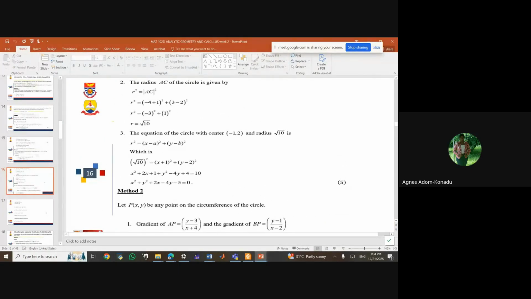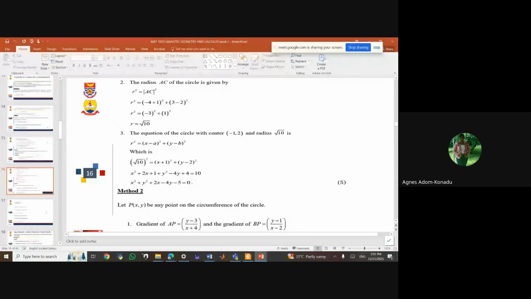Then after that, you have to find the radius. So either AC or CB or AB divided by 2, I mean the distance divided by 2. If you choose AC, that will be the square root of (-4 plus 1) squared plus (3 minus 2) squared, and my r will be square root of 10.